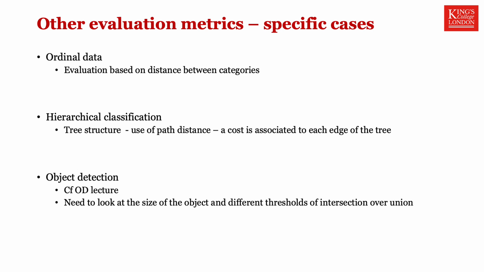And then we saw in the object detection lecture the need to look at the size of the objects to calculate the different thresholds of intersection over union, and to look at the performance for small, medium, and large objects. Just to remind you, it's something that people often do also in segmentation, where they calculate their overall performance for specific subtypes of volume, either very small, medium, or large volume.